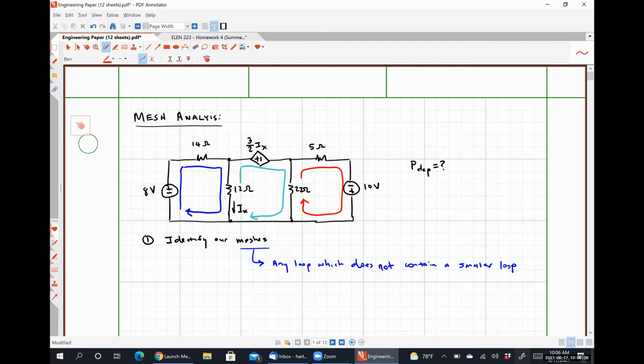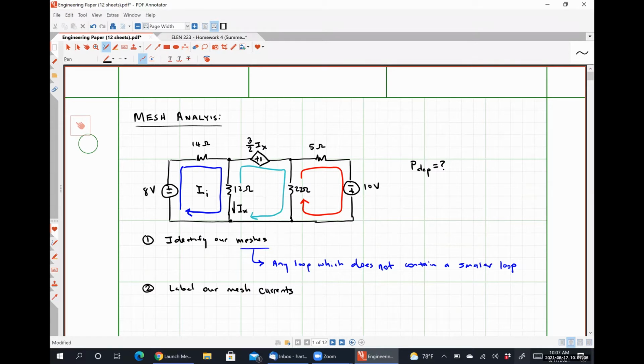And I've drawn arrows on these meshes, which is going to bring me to step 2, where we label our mesh currents. So I'm going to call this mesh current here, I1.